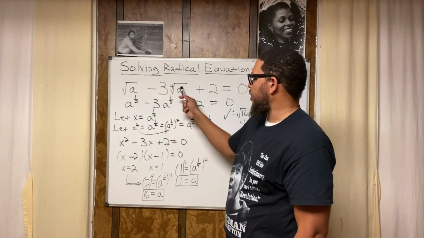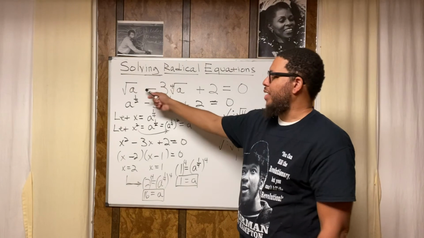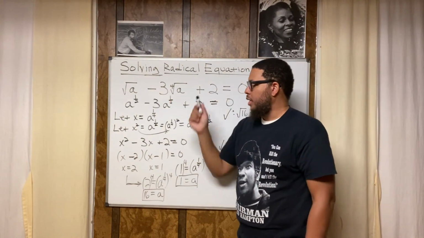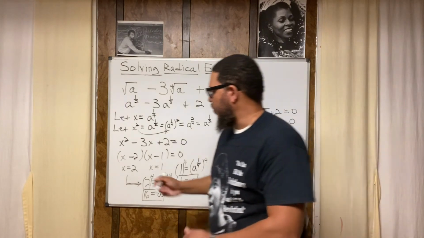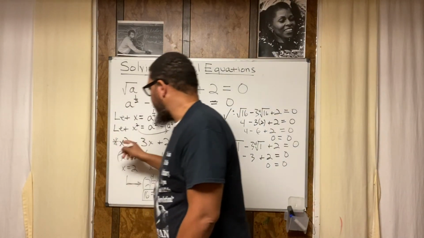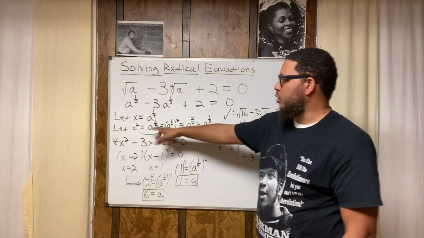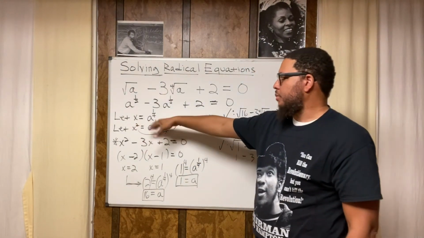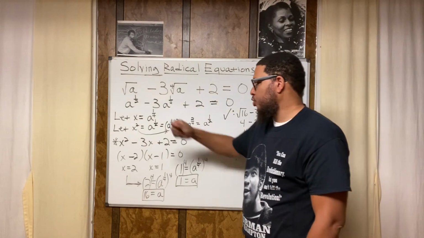You can represent this with an x and this with an x squared. So whenever you see a problem set up like a trinomial that looks like a quadratic trinomial, which is what we ended up with right here, think to see if you can do a substitution method, and then just work it out.